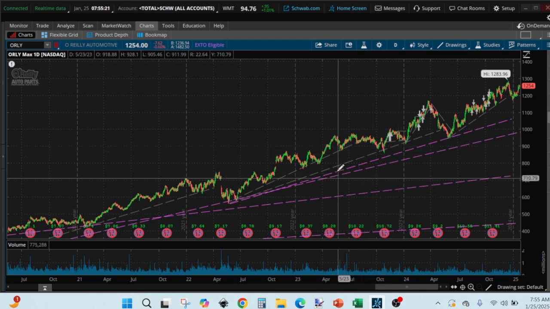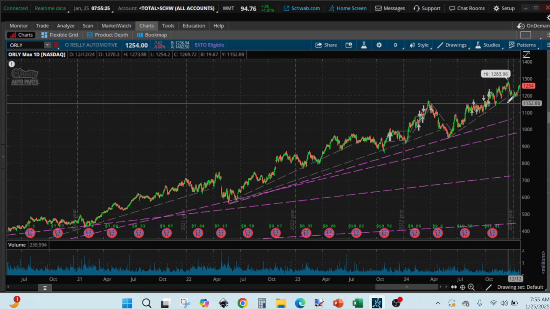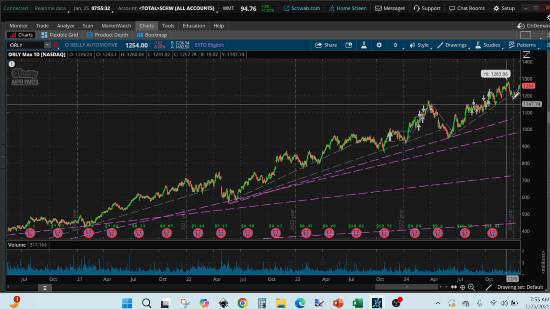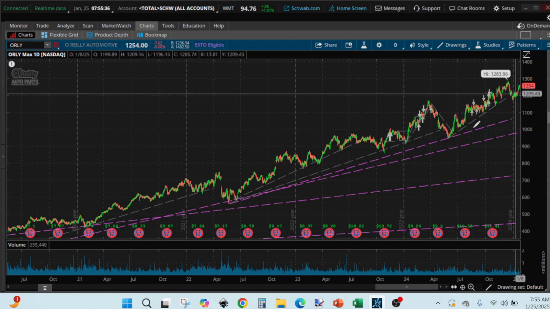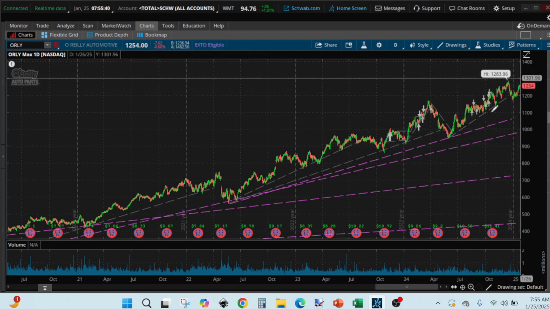It does not go too far away from the trend line though, so I'm thinking that it's going to pull back to this trend line at some point. When, I don't know, but at this point it's still going up. It's still building the upside of the mountain.